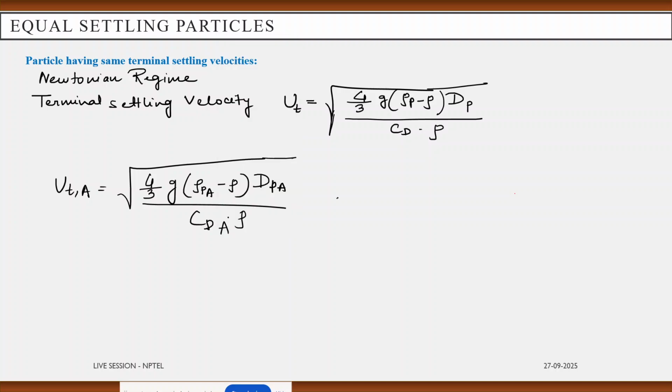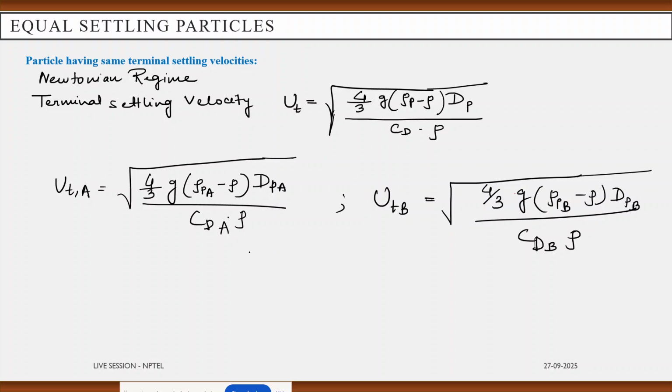Similarly, for the other particle, u_B equals root of 4 by 3 times (rho pB minus rho) dpB divided by CDB into rho.